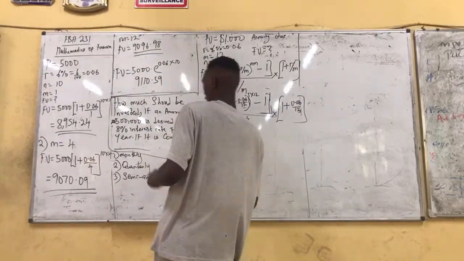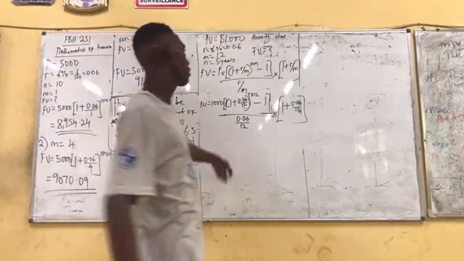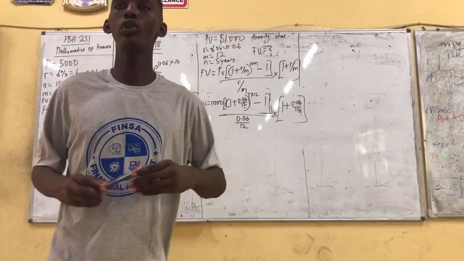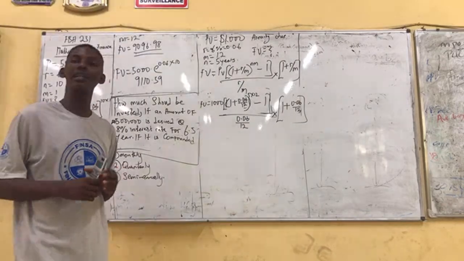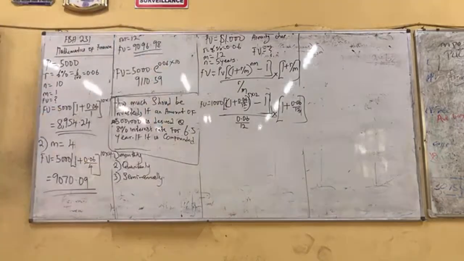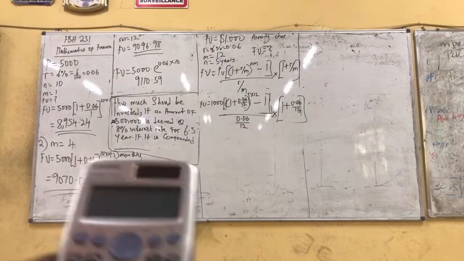So now we include this in our calculator directly. This is the last time I'll be showing you how to enter this in the calculator. You must be observant of the brackets to avoid mistakes.